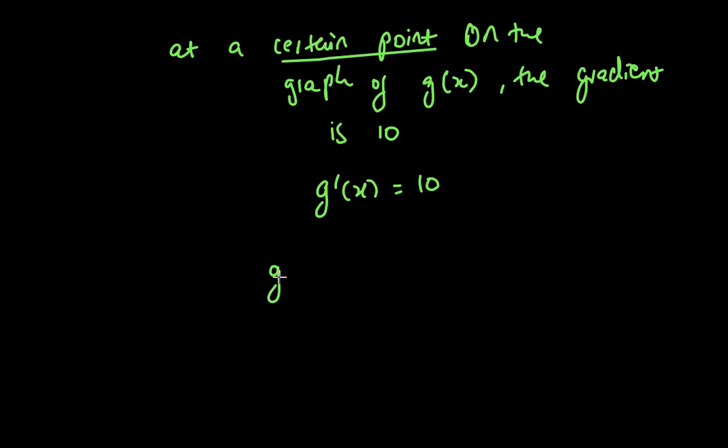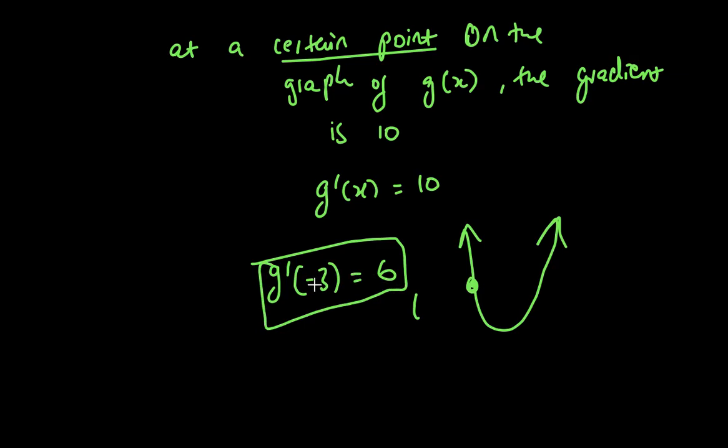However, if we write g prime of -3 is equal to 6, what does it mean? It means on a graph of g, I'm just using a parabola, but remember the graph of g can be any graph. It could be a cubic function, a straight line, or any graph. So I'm just using this as an example. It means at this point I know that the x value is -3.